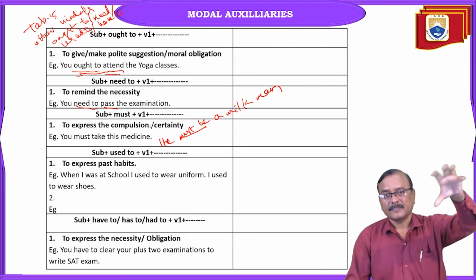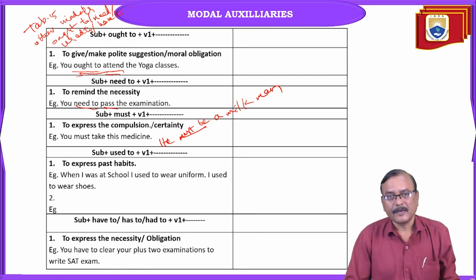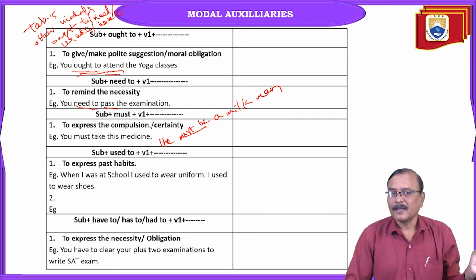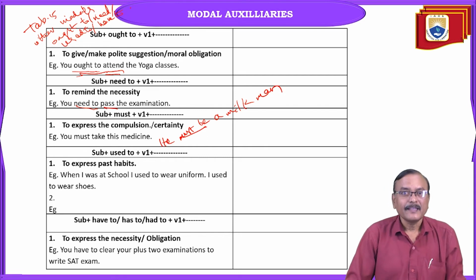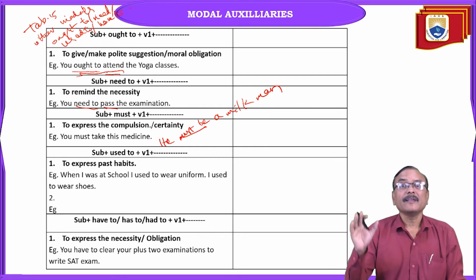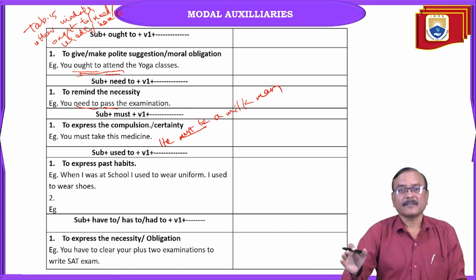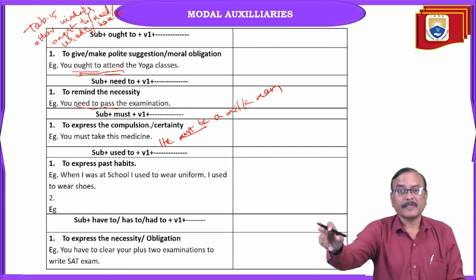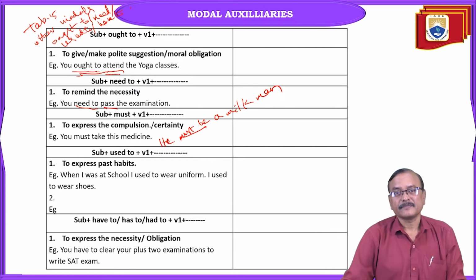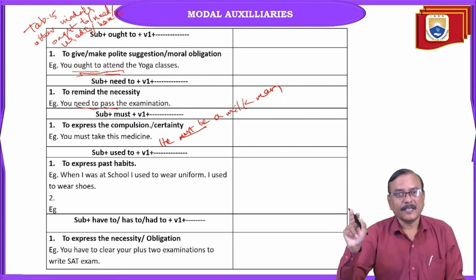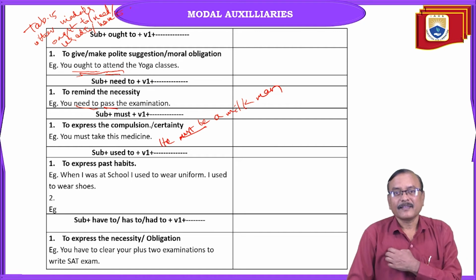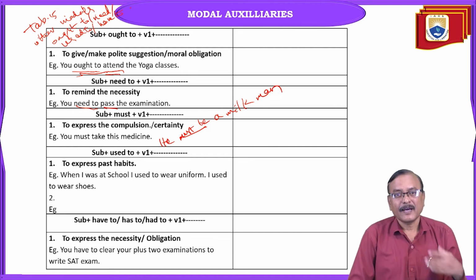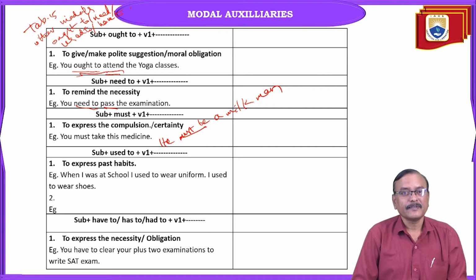See the context. Someone is knocking at the door. Can you expect who he is? He must be a milkman. It means I'm sure, he is a milkman. 100% certainty is there. He must be a milkman because he usually comes at this time only. Can you expect who is knocking at the door?